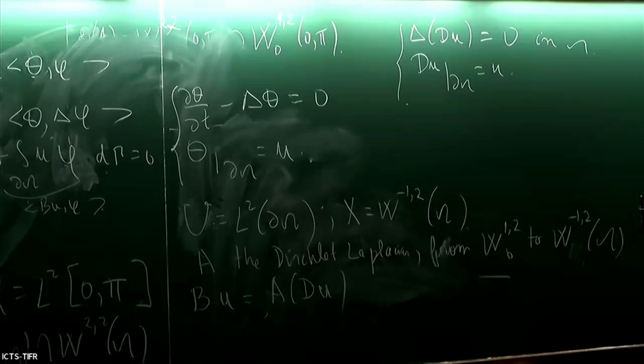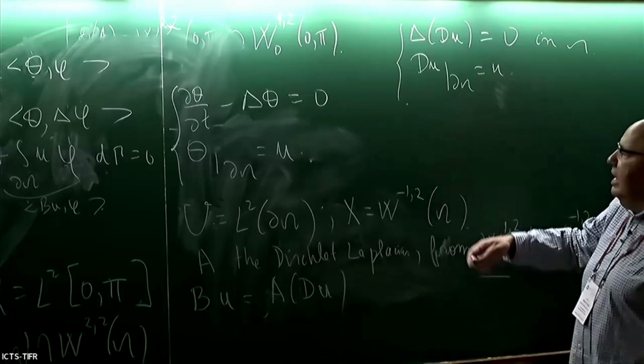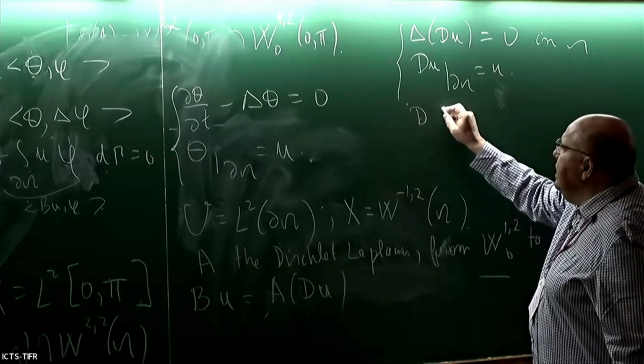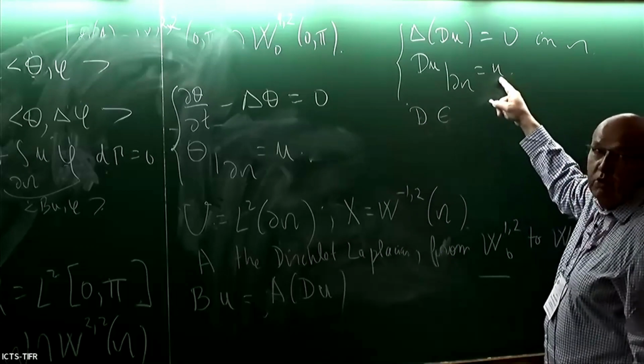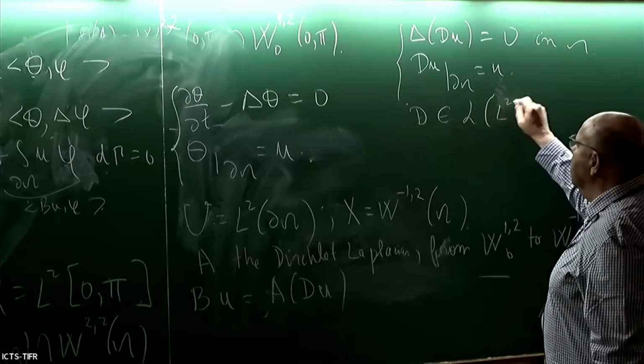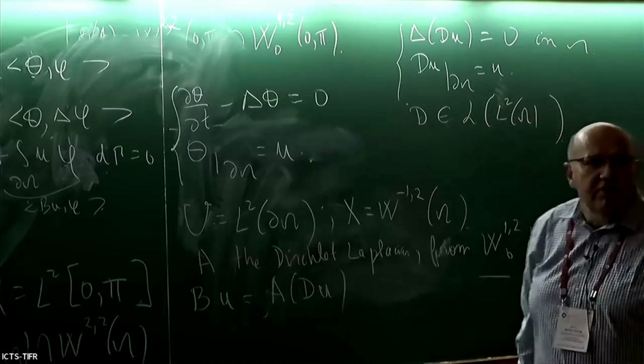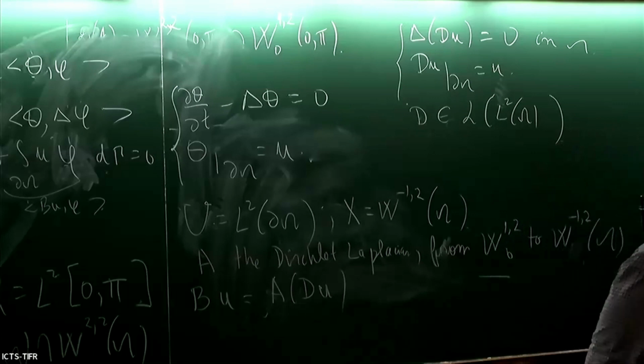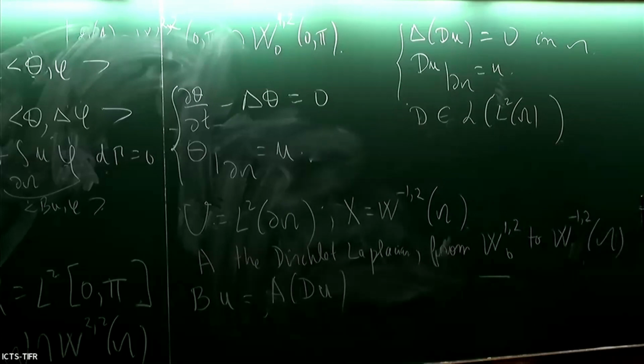For Dirichlet, it's the derivative of the Dirac mass. It can be said like this also in several space dimensions, but the most convenient way is to introduce this Dirichlet map, which has the property that if you take a boundary condition in L2, your solution will be better than L2, but all we need here is to say that it takes values in L2. You know that when you solve a Dirichlet problem, you win 1/2 in the regularity scale.